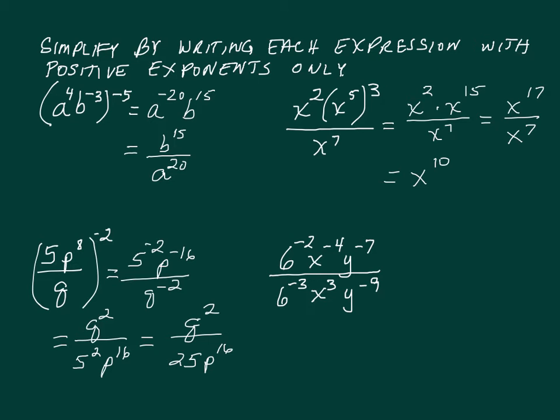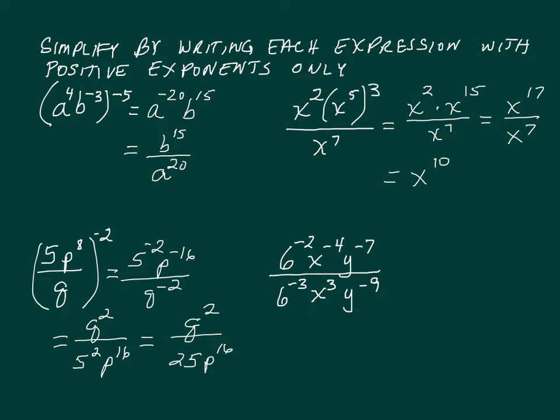Okay? There are people who are going to want to simplify using the quotient rule. The next problem, you can use the quotient rule to simplify this. You can. But I personally just like to take all my negatives and move them so that they become positive and then simplify.